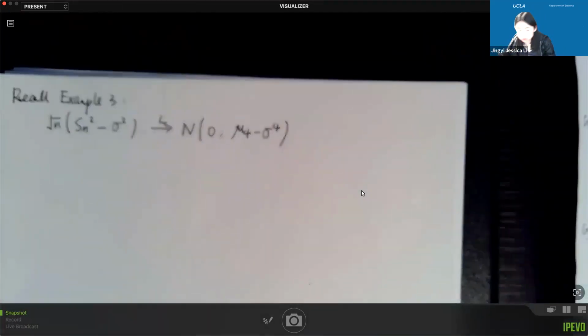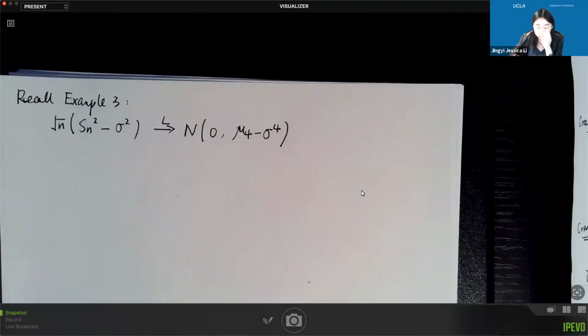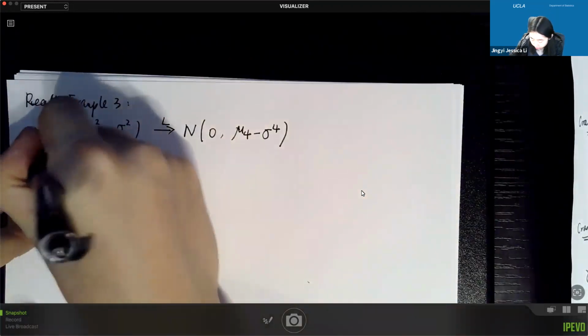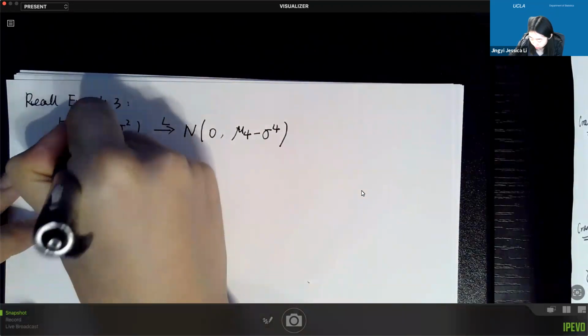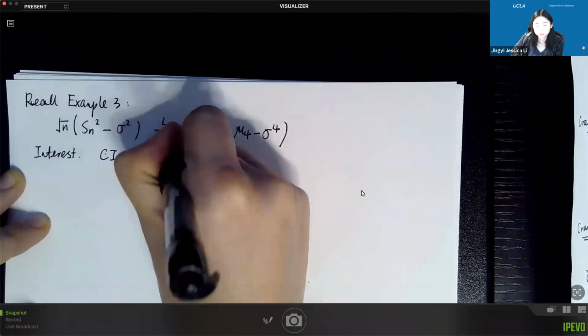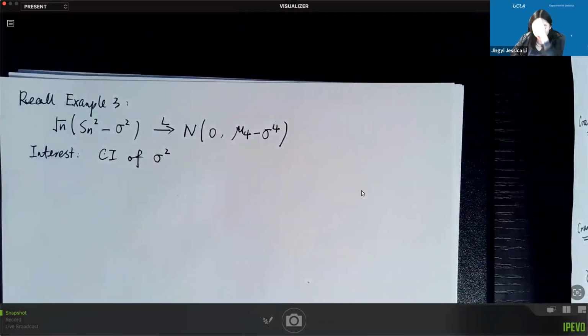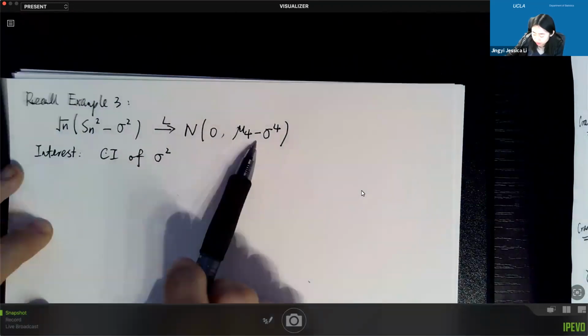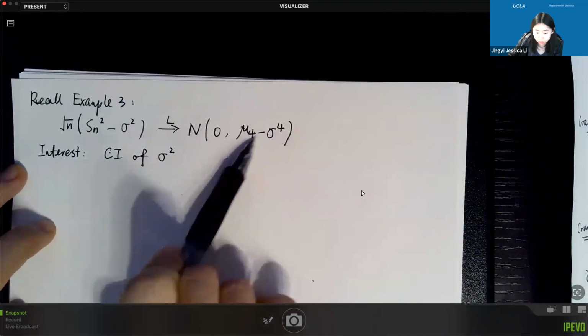But if you are interested in building a confidence interval of sigma squared, that's your parameter of interest, and you want to build a confidence interval based on that, how would you do it? One thing we need to take a look at is how to deal with those unknown parameters.